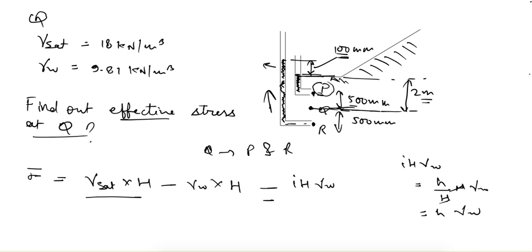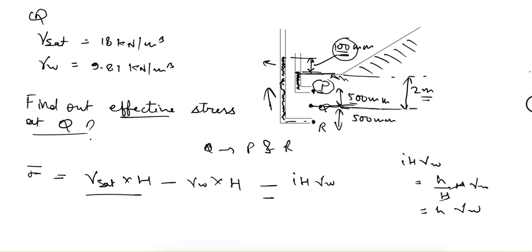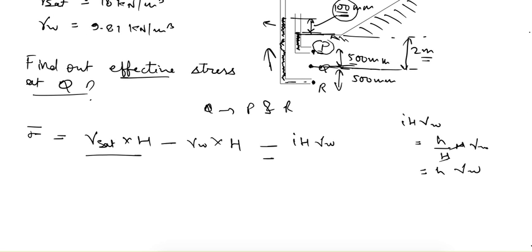The total head between R and P is 100 mm. It means that when the flow takes place from R to P, a 100 mm head loss takes place.